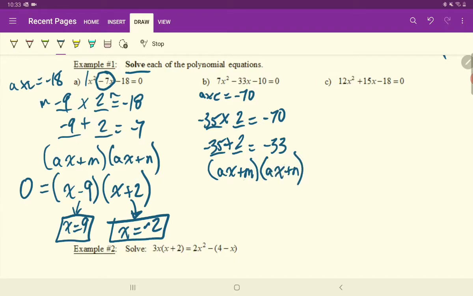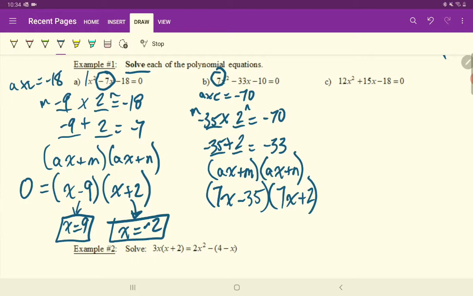a times x. So I end up with 7. My a is 7 right there. Okay, so 7x plus m, let's call that m and let's call that n, is minus 35. 7x plus 2.